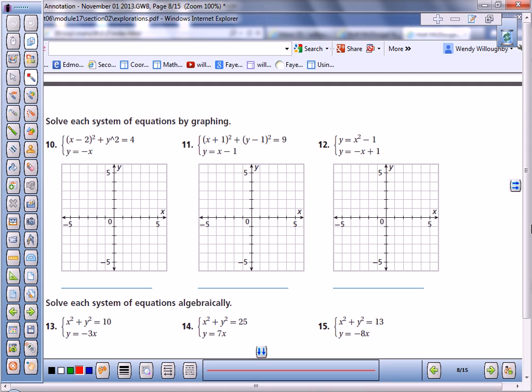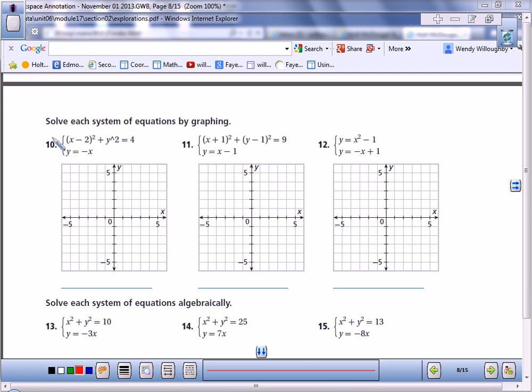Oh, y'all can do this. You don't even need me. Try number 10. Literally, you do not need me. Woo, this is easy. Page 404. It's 2 4s and 1 number.